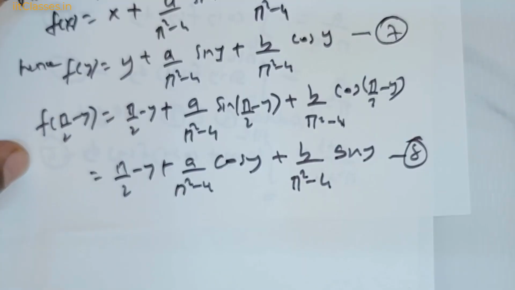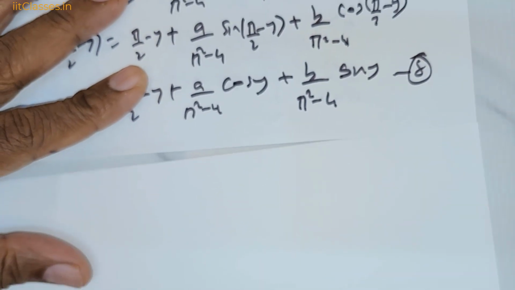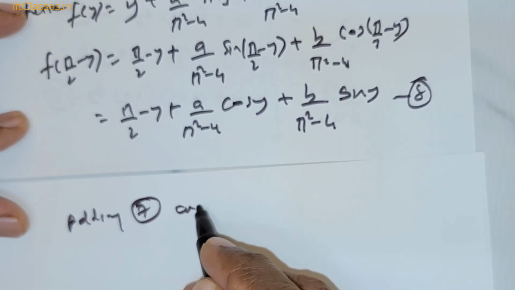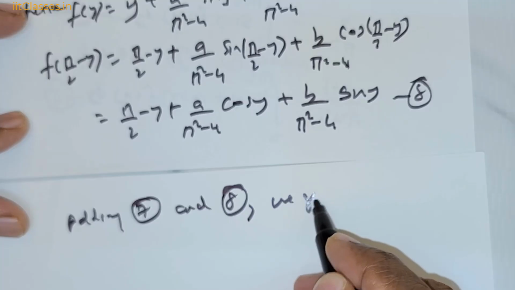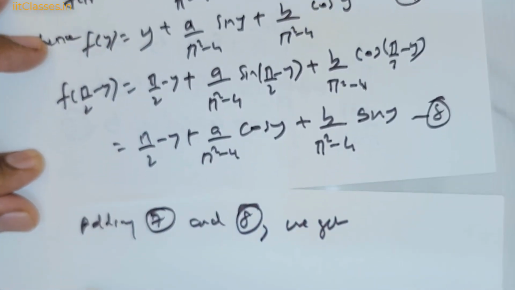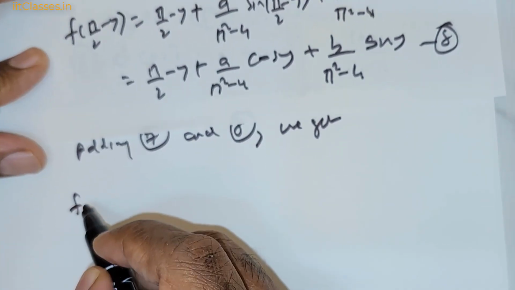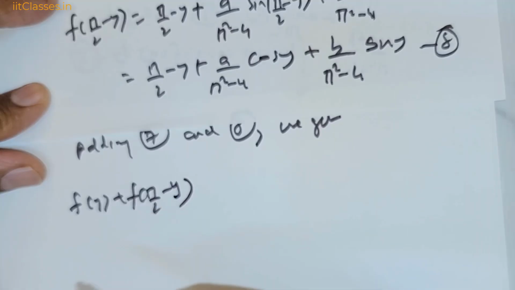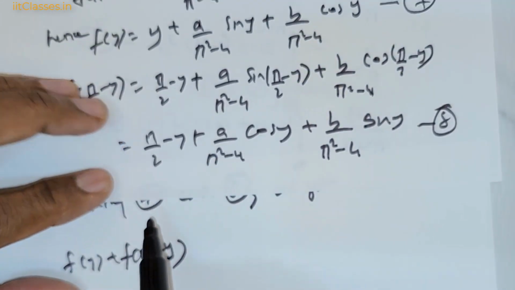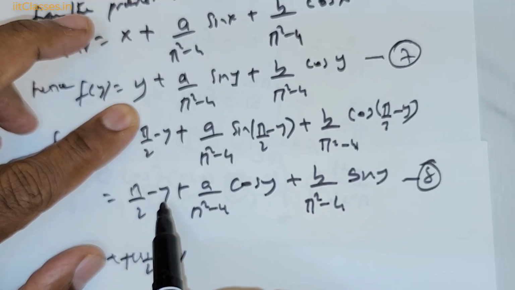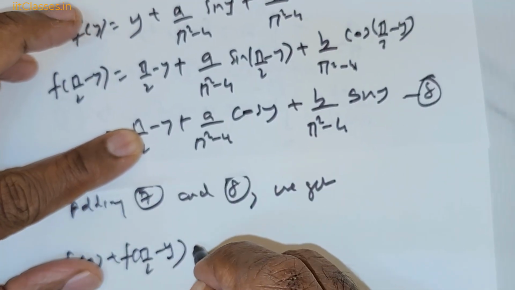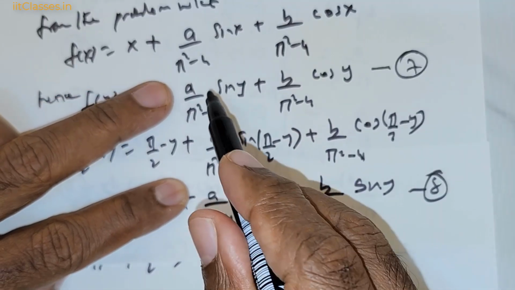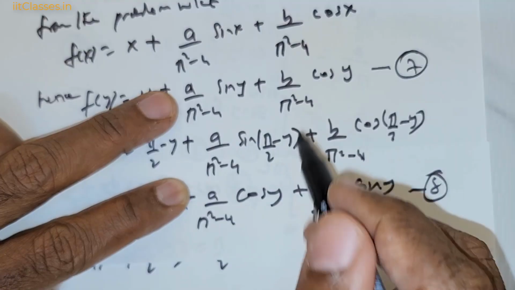So now we add these two together. Adding 7 and 8, we get f of y plus f of pi over 2 minus y. Now y plus y minus y, they get cancelled, giving you pi over 2. And then these two are added, right?